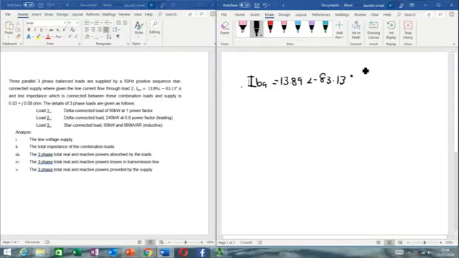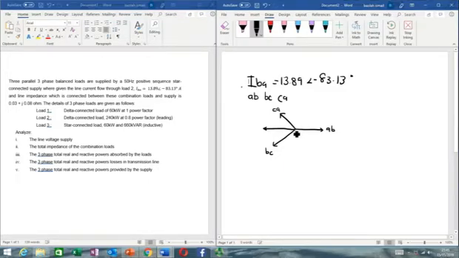Normally the sequence for line current should be AB, BC, and CA. The question gave IBA, so you have to calculate what IAB is. If you draw the phasor diagram for line current, the sequence should be AB, BC, and CA.